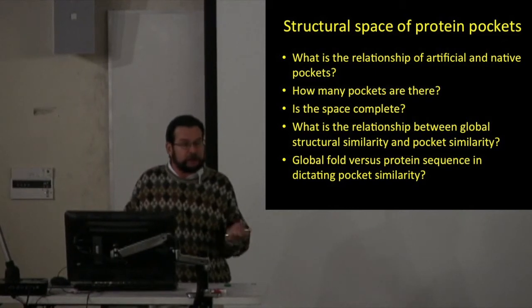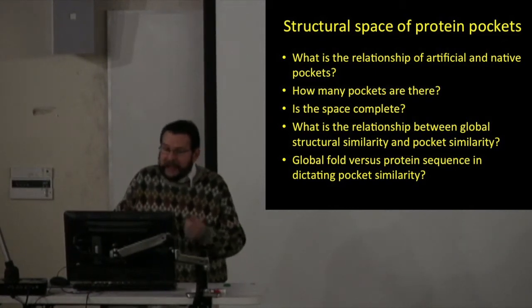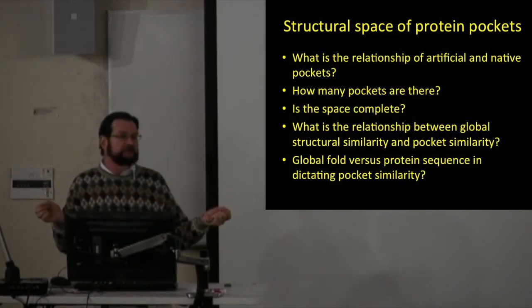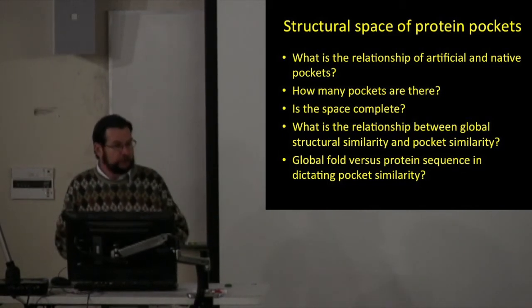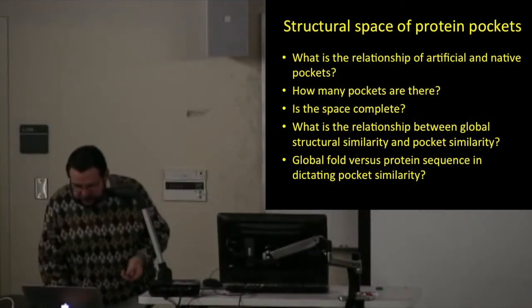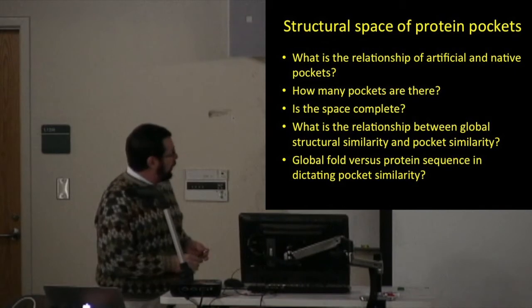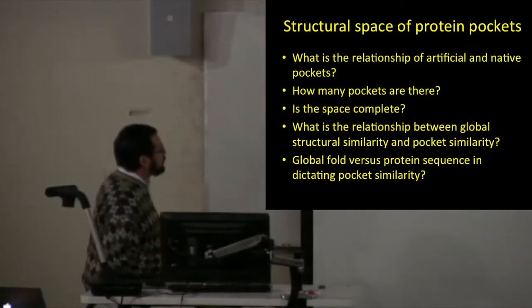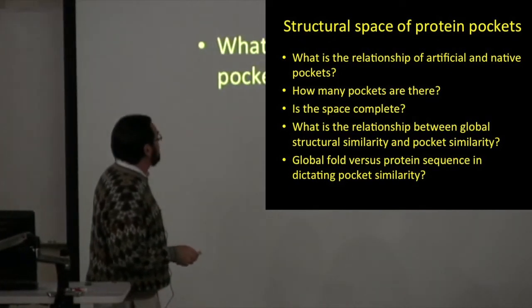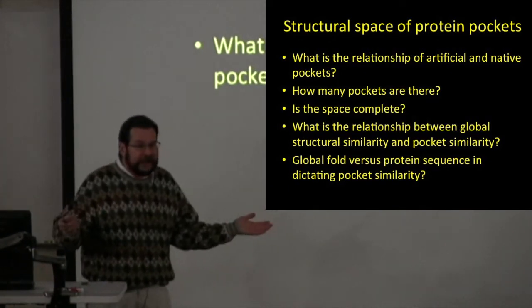And then the question is how could it possibly be that you've designed for one that you interact with so many, when you certainly haven't done it? Or more generally, how does nature do this? So the space of ligand binding pockets. I'm going to talk about artificial structures. These are synthetic homopolypeptides that are then decorated for stability. And native pockets. Do they look anything like real proteins?